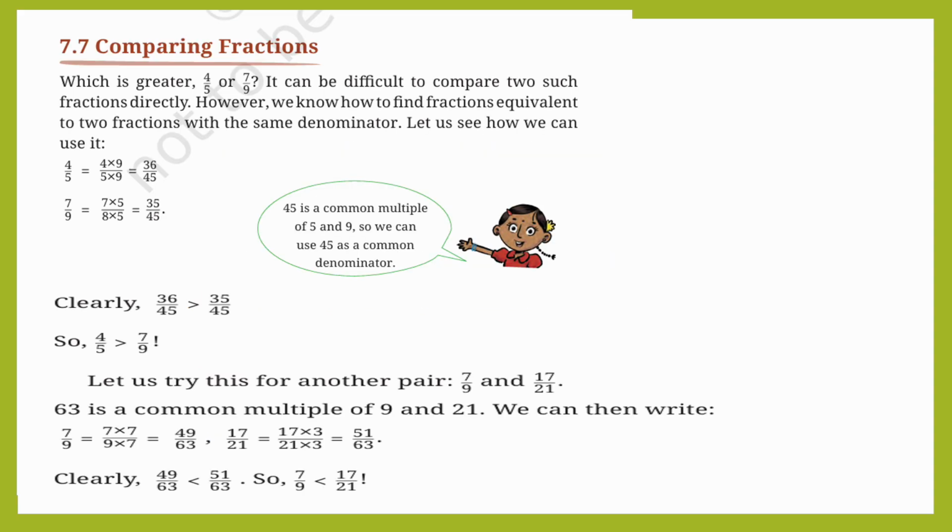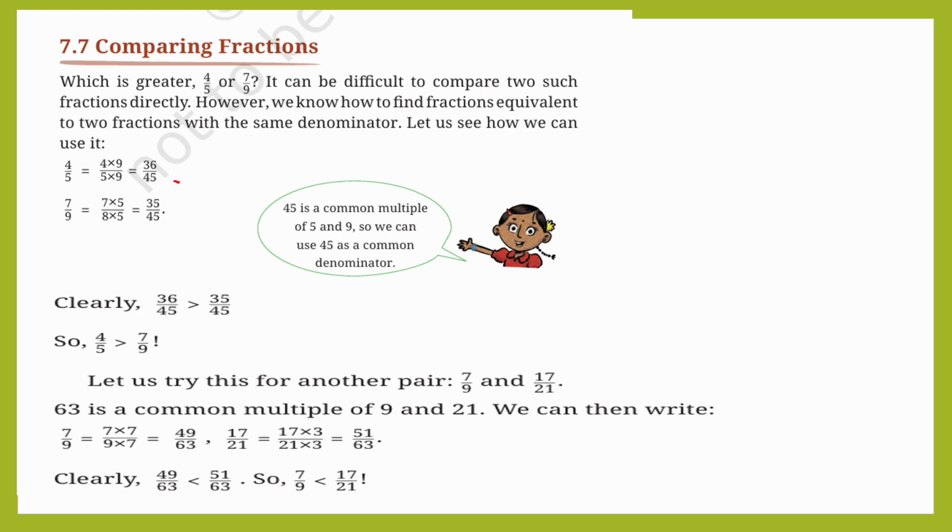Comparing fractions: which is greater, 4 by 5 or 7 by 9? It can be difficult to compare two such fractions directly. However, we know how to find fractions equivalent to two fractions with the same denominator. Let us see how we can use it. See, 4 by 5 is equal to, multiply both numerator and denominator by 9, we will get 36 by 45.